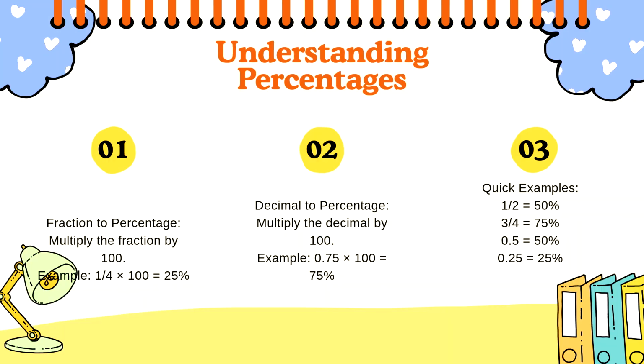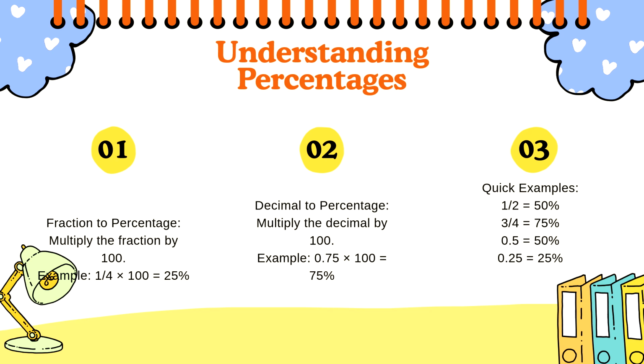Now, understanding percentage. Fraction to percentage: multiply the fraction by 100, simply. Like I have just told you, suppose you got 24 out of 25 in a mathematics test. Then how will you express it as a percentage?